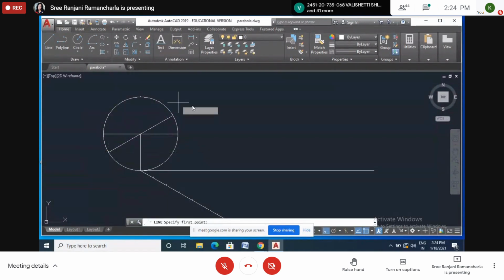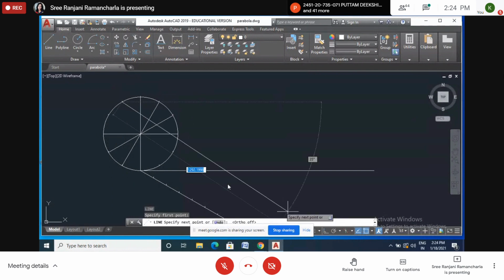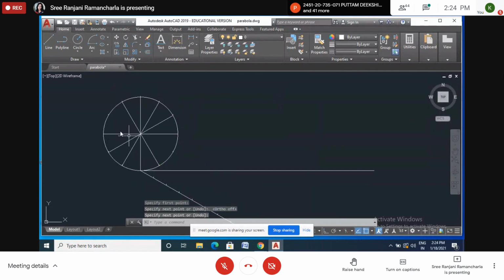So 12 parts, 30. So divide, taking 12 parts, taking 30 degree angle. This is 30. And draw, make it mark here and extend this one.